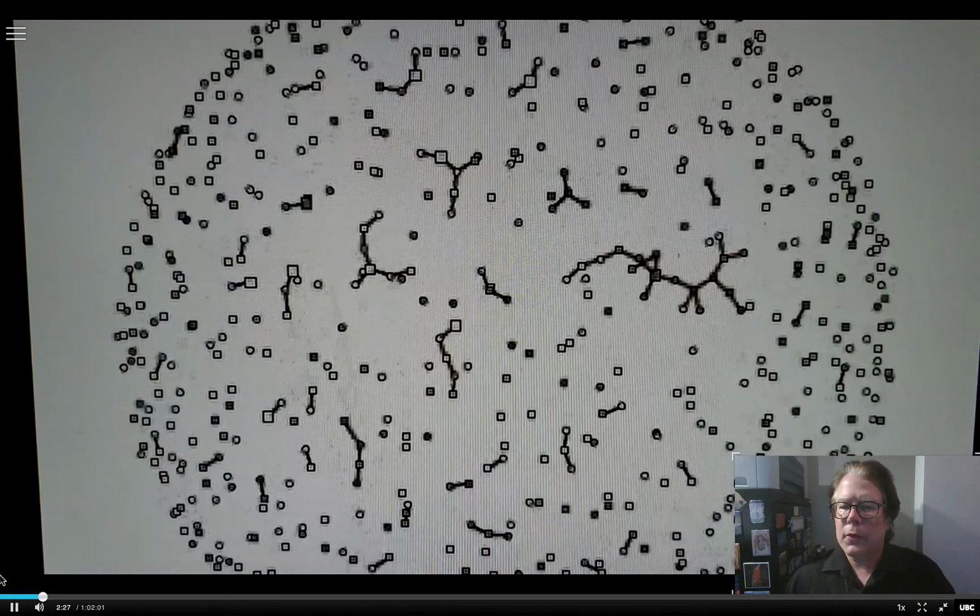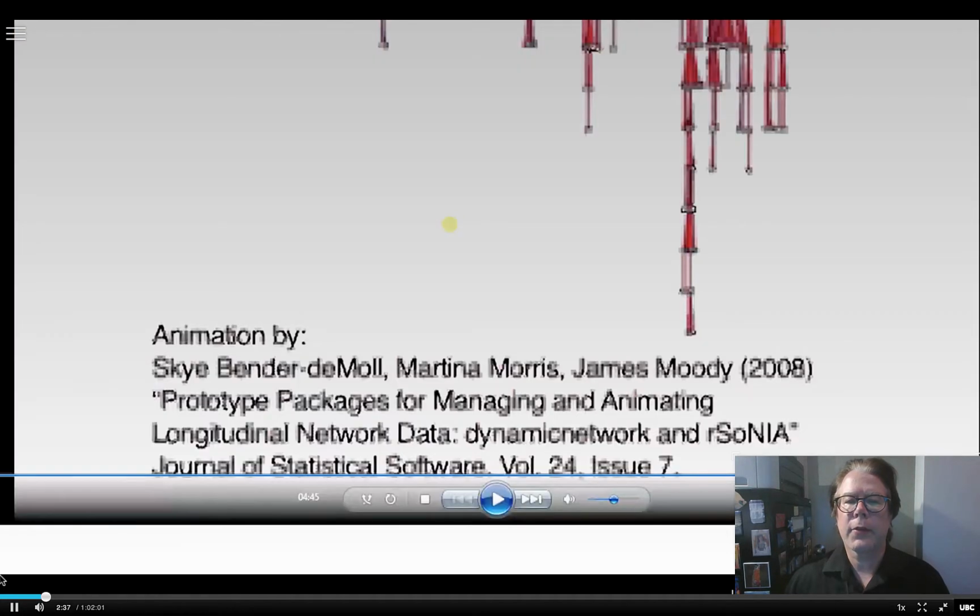So this is just a quick illustration of how network dynamics work and how infections might be modeled and might be visualized in the context of a social network. Here are the credits for that animation.